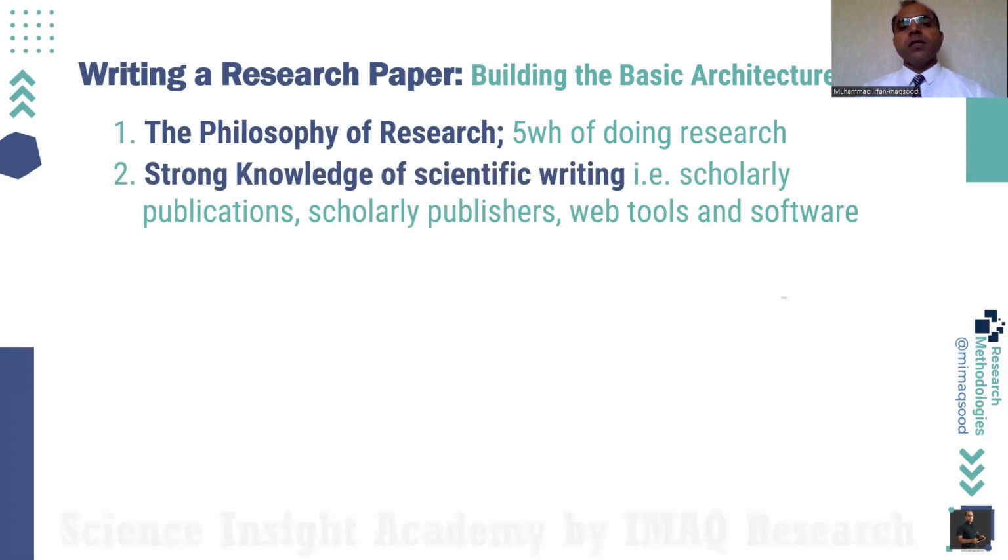We also discussed strong knowledge of scientific writing: what scholarly publications are, what kind of publishers are known as scholarly publishers, what the web tools and software are, and what makes basic scientific papers different from other general papers.